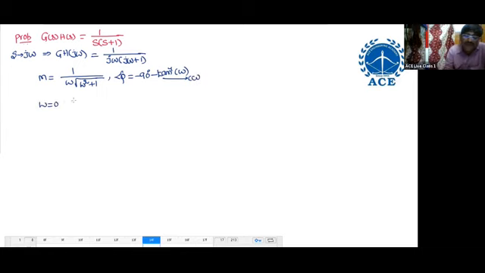At omega 0, magnitude infinity, angle minus 90. At omega infinity, magnitude 0, angle minus 180. Our condition is satisfied. Now draw the plot. So this is minus 180.